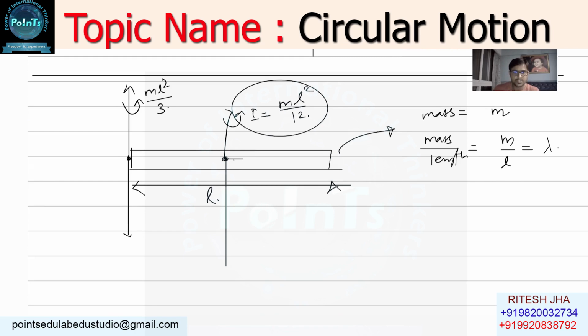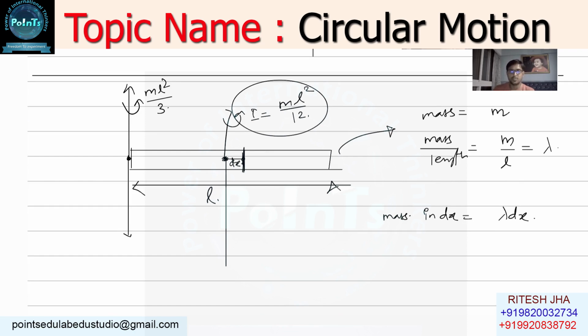At a distance of dx, we have a certain mass, so the mass in dx will be lambda dx.